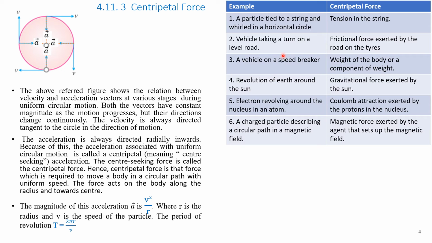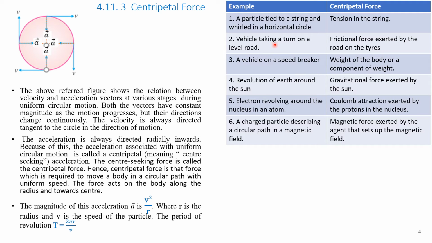Now we will specify some examples of centripetal force. In column 1, examples are given, and in column 2, the centripetal force acting on it. A particle tied to a string and whirled in a horizontal circle: the force is due to tension in the string.